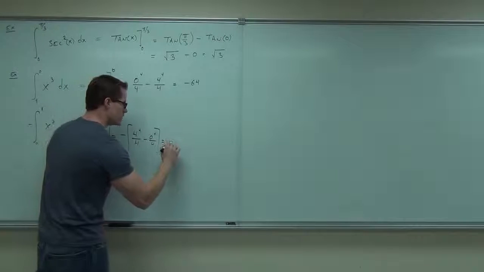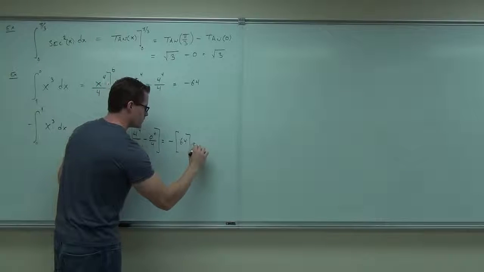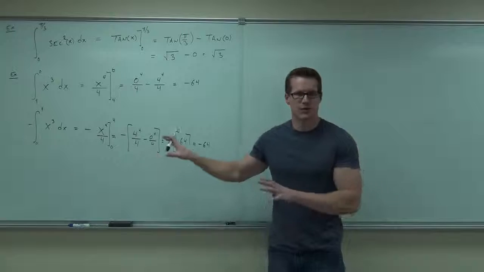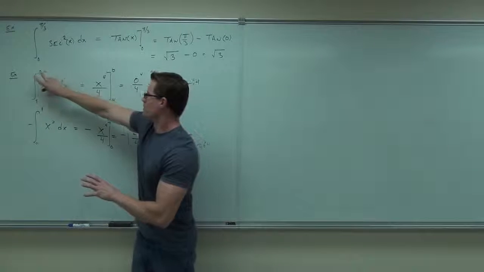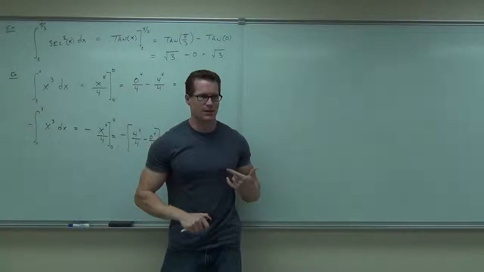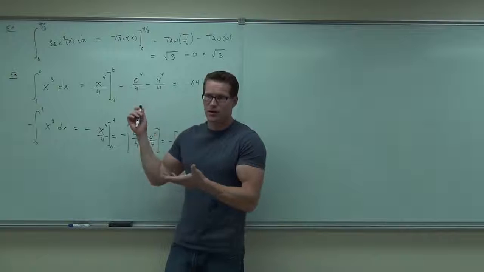And that would give you negative 64. Which by example kind of proves that I can reverse my bounds, and that makes me change my sign. So just by an example, we see that that is true. But notice how you do actually get the same exact answer either way. That's because it is true.